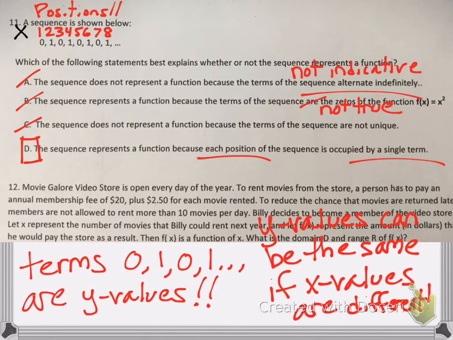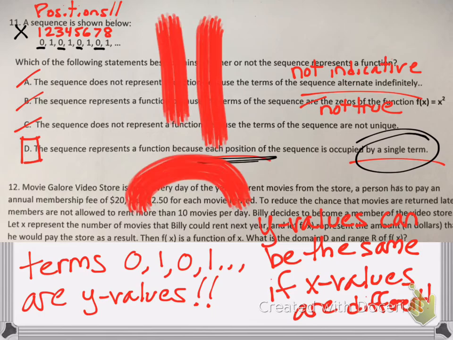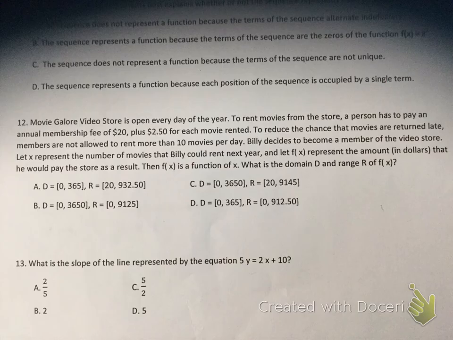Because all of these x values are unique, it's okay that a few of them go with the same y values. Each position of the sequence is occupied by a single term. Not an easy question at all. If you got it, good job. If not, try to learn from this and hopefully you'll get it next time. A lot of people missed this one.